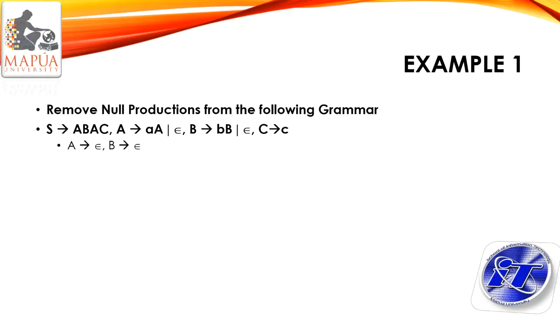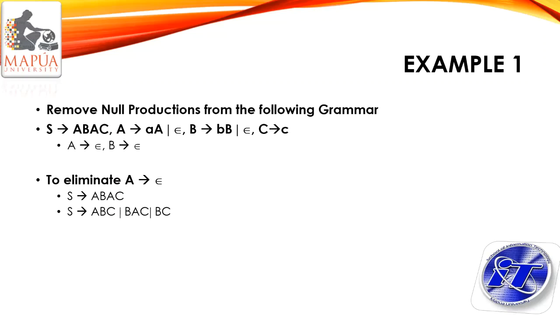The first result will still be ABAC, and then apply null on the first, so we have BAC, or remove the second, we have ABC, and then remove all A's, we have BC. So now we have four results when we apply null to A. We're finished with S.